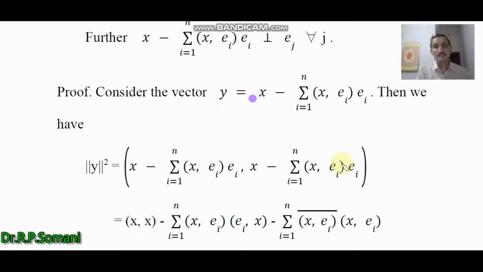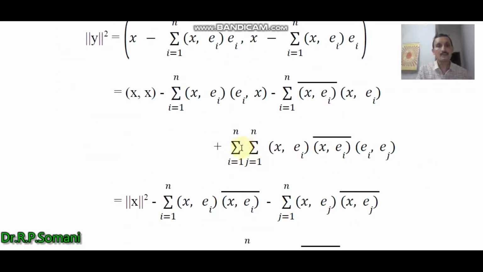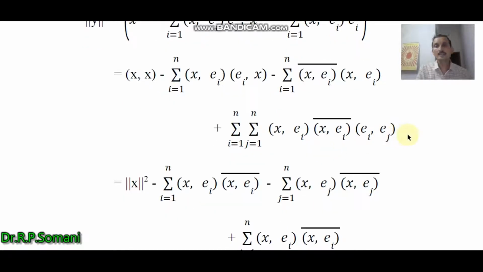By applying the linearity property of the inner product, we expand this inner product in this way: the first term is (x, x) minus summation, i varying from 1 to n, of (x, ei) ei, x minus summation, i varying from 1 to n, of conjugate of (x, ei), and plus summation i varying from 1 to n, summation j varying from 1 to n, of (x, ei) conjugate of (x, ej) (ei, ej).